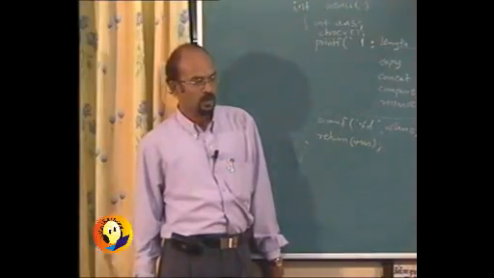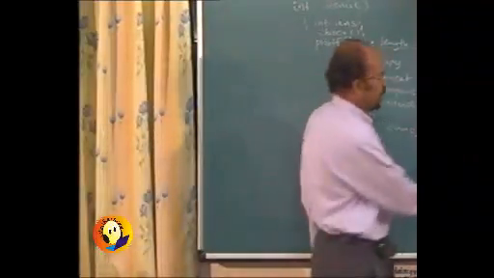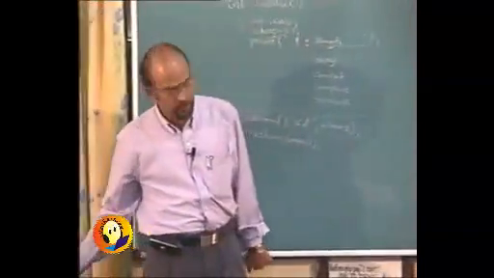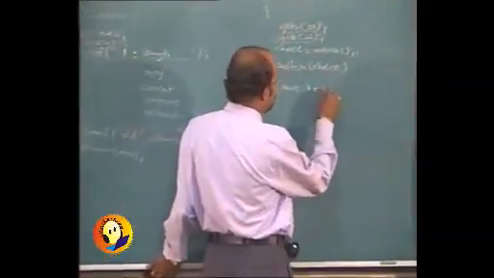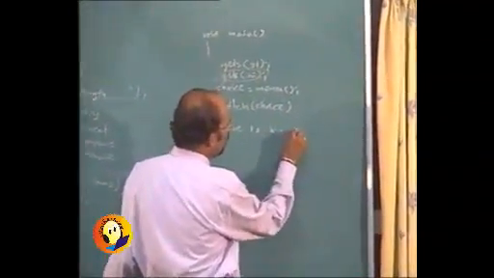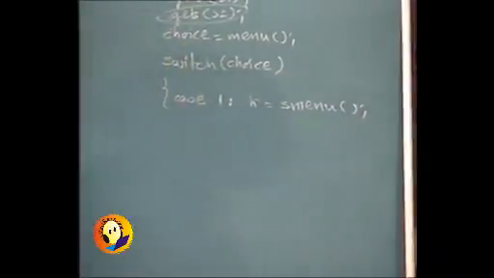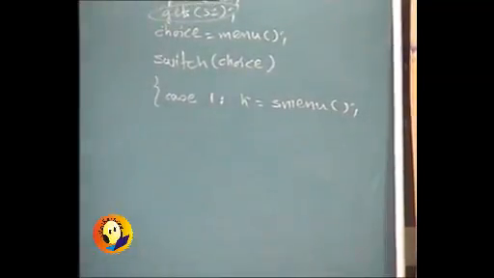Got it? So I can have something like k equal to s menu. 1, 2, 3. Enter one string, enter two strings, use existing. Okay?